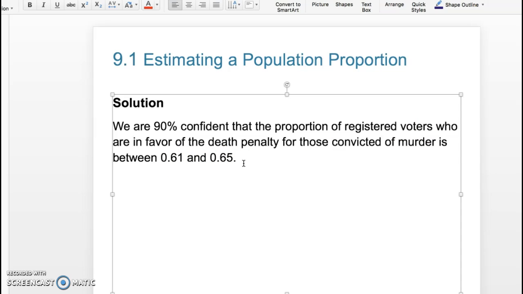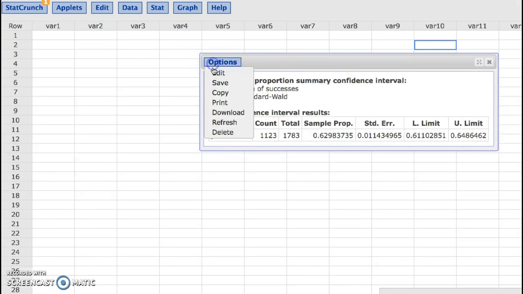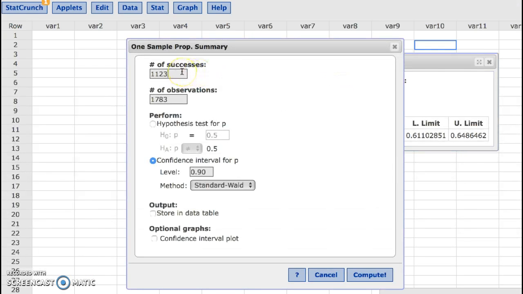So the next part, I want to just go back to StatCrunch for a second and show you that if we go in and edit these, let's say I take another sample and I still get 1,783 participants, but this time I get 1,200 yeses. If we checked our conditions, they check.